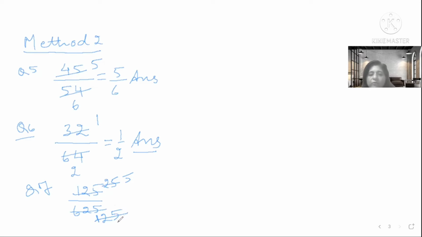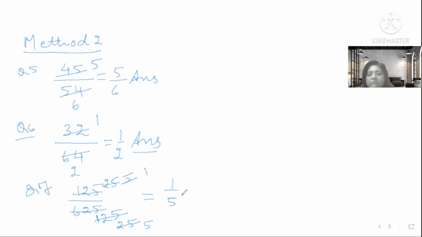So again, what is common? Can we divide 125? We keep cancelling the factors. 5 fives are 25. And what do we get? 125 divided by 5, we get 25.